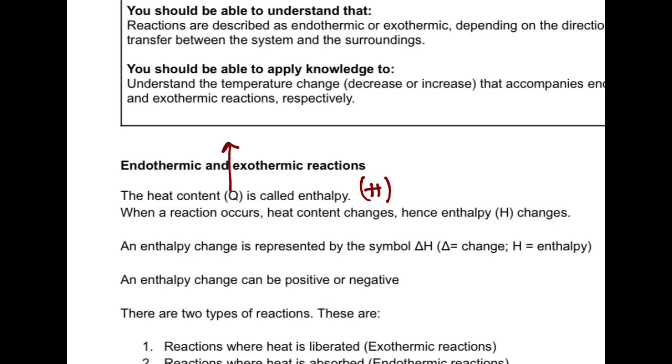Heat is energy and it has units kilojoules or joules, while enthalpy has units kilojoules per mole or joules per mole. So both heat and enthalpy measure energy, but enthalpy is energy per mole of substance.